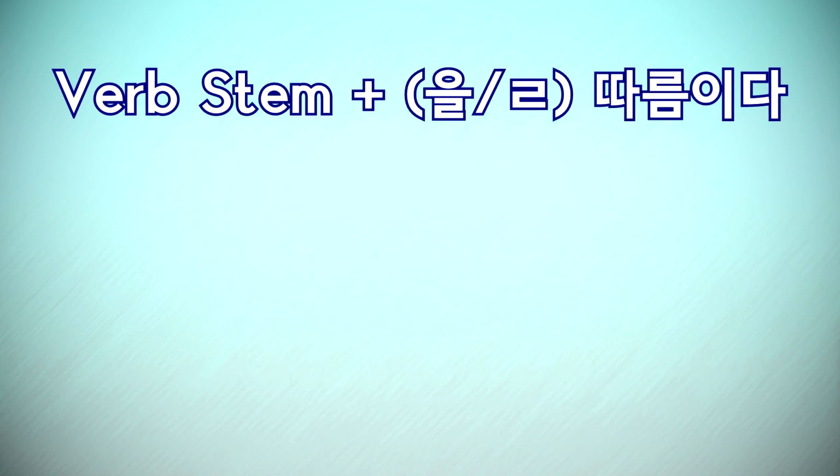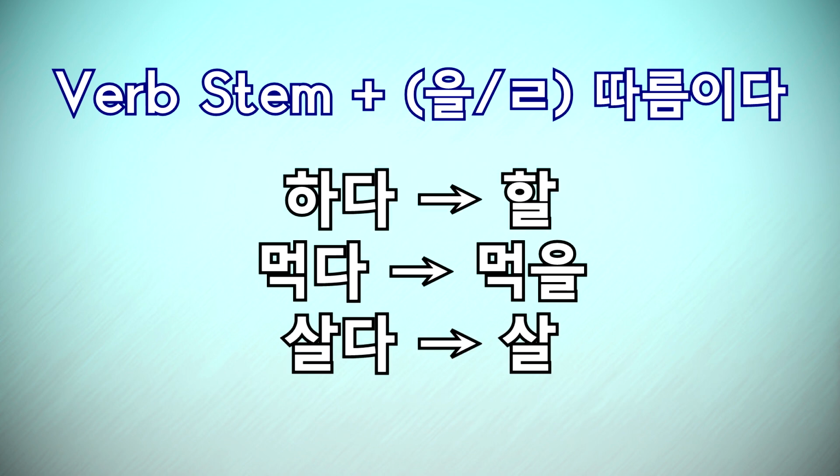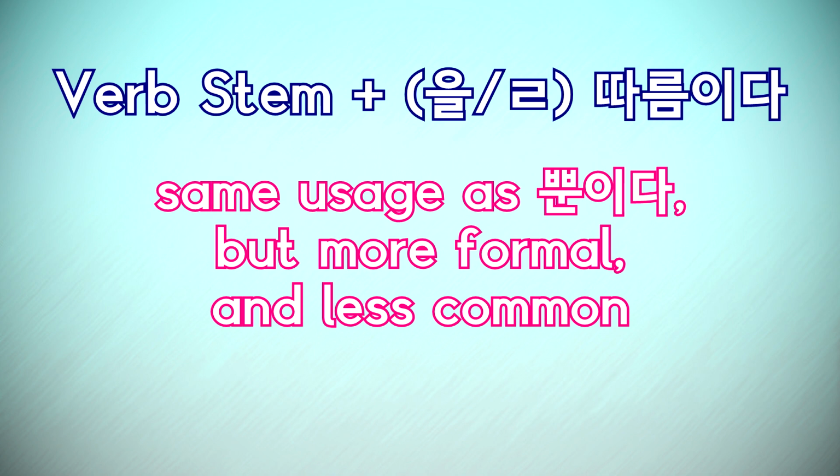Next, let's talk about another similar form, 따름이다. To use this form, conjugate a verb stem just like we did before, but then add 따름, followed by conjugating 이다. This form actually has the same meaning and usage overall as 뿐이다, but it sounds more formal and is therefore less commonly used.